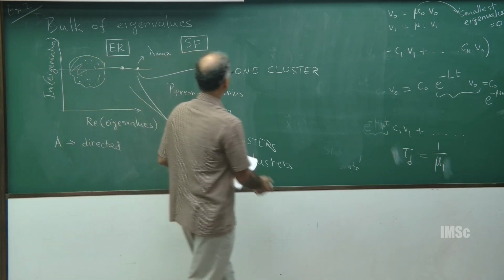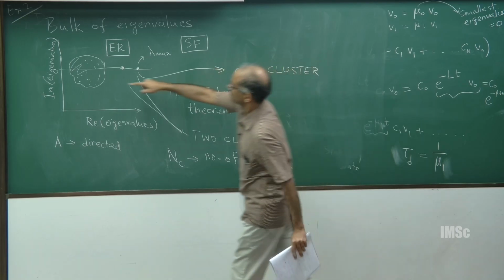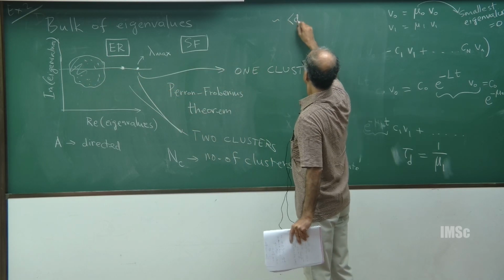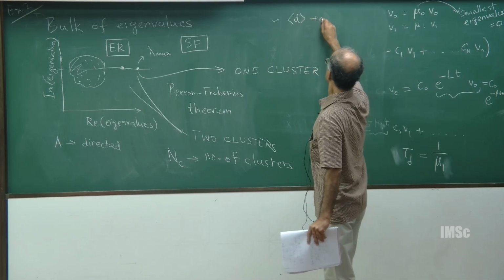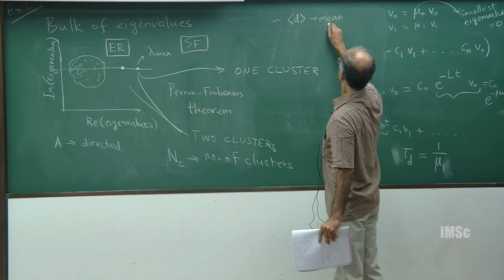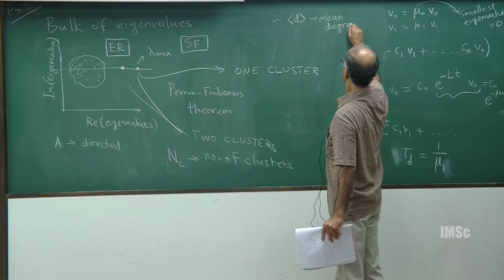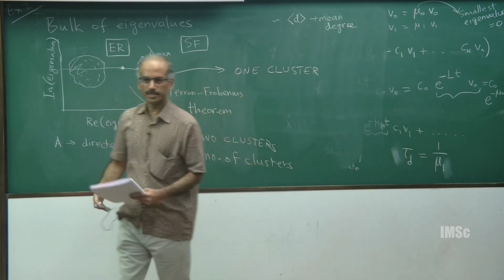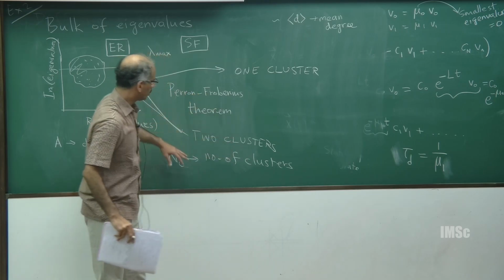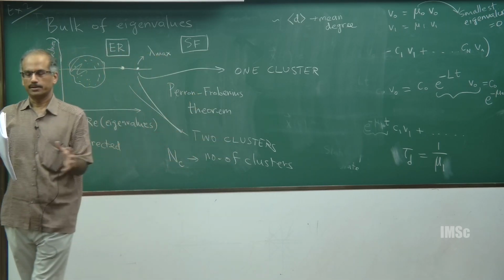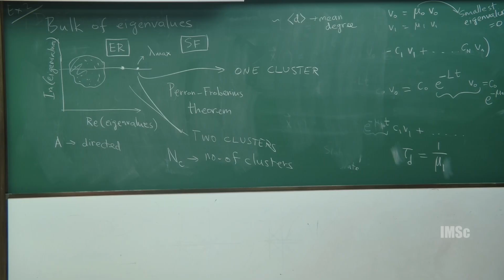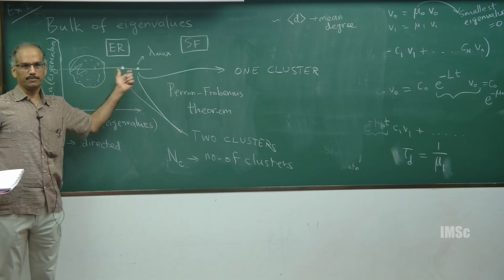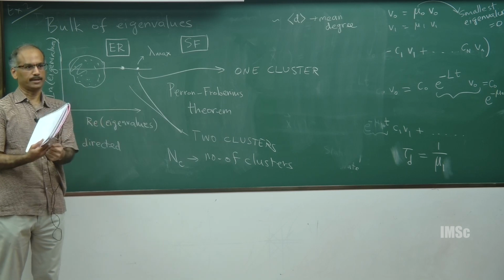The radius of that cloud is of the order of the mean degree of your network. So, there are many such properties you can show, but let us say for example, if you had more than one cluster and if the sizes of the clusters are all the same, then these eigenvalues will merge and be degenerate, meaning that they will be the same eigenvalue.